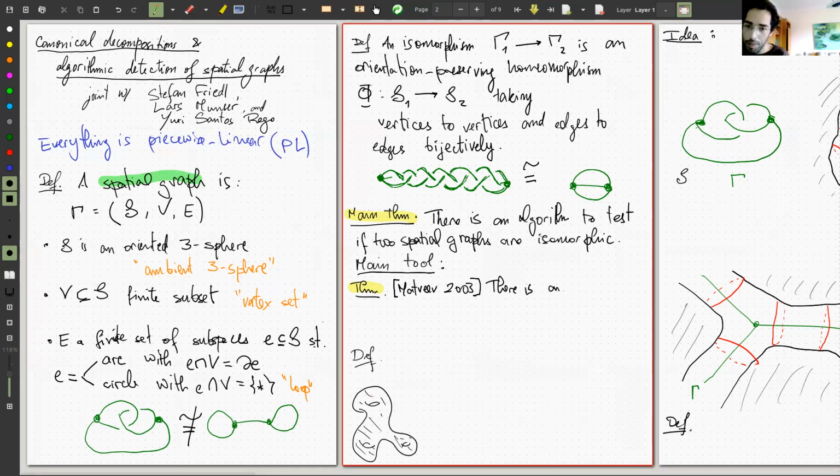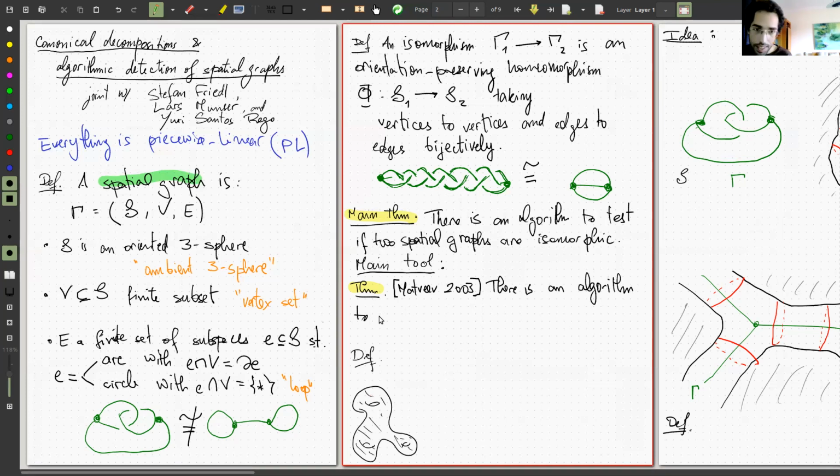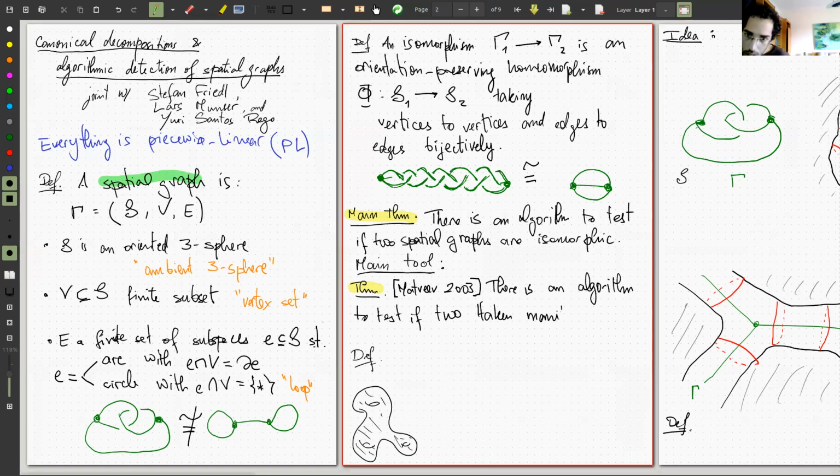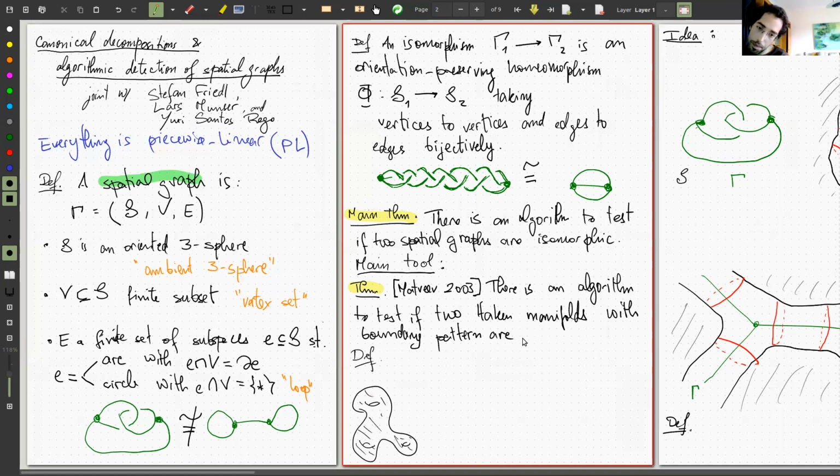an algorithm to test if two Haken manifolds with boundary pattern are homeomorphic.